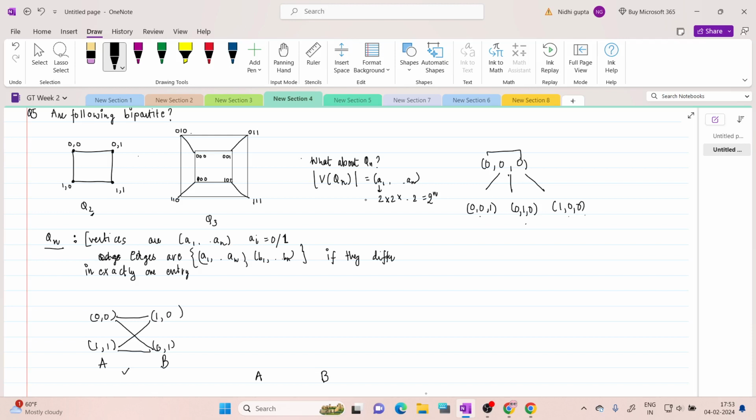Now can you think why this graph is bipartite and give me appropriate bipartitions?